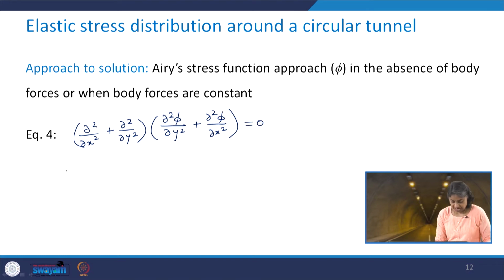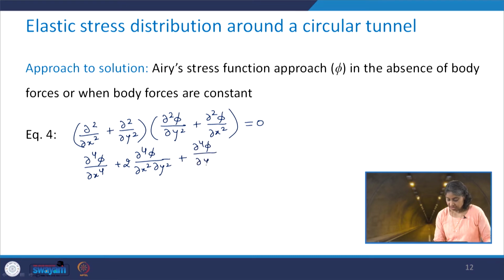So, what we have here is del 4 phi del x4 plus 2 times del 4 phi del x2 del y2 plus del 4 phi del y4, that is equal to 0. Please make this equation number 5.